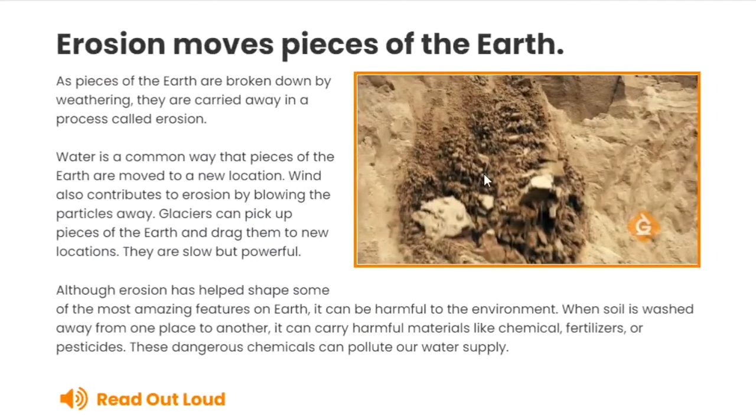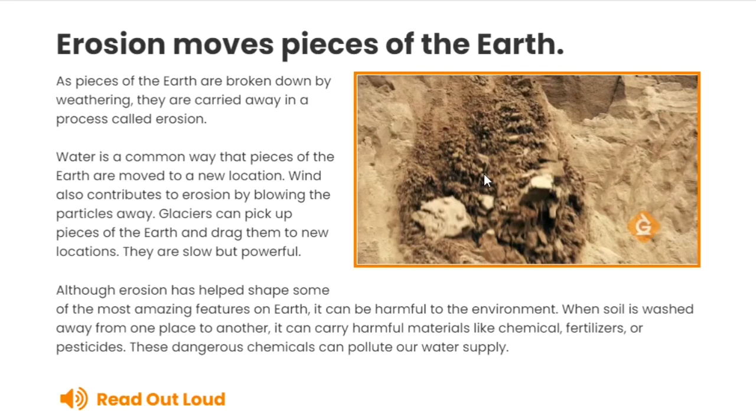Erosion moves pieces of the earth. As pieces of the earth are broken down by weathering, they are carried away in a process called erosion. Water is a common way that pieces of the earth are moved to a new location. Wind also contributes to erosion by blowing the particles away. Glaciers can pick up pieces of the earth and drag them to new locations.